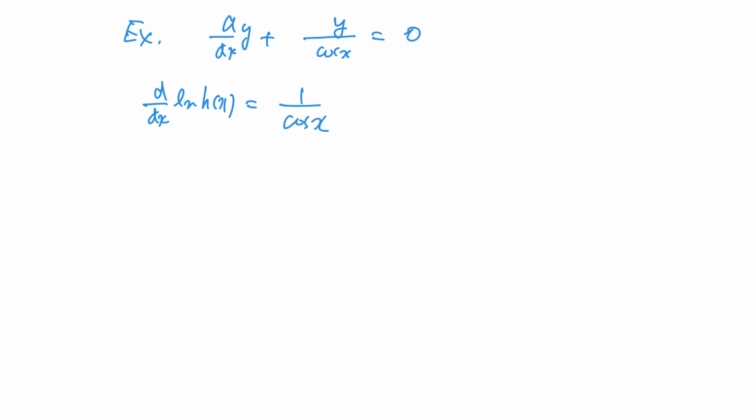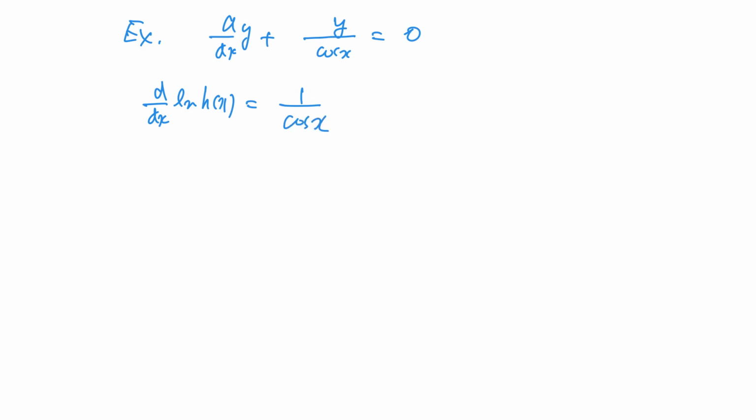This example: dy/dx plus cosine x times y is equal to 0. That is, d/dx ln h(x) is equal to 1 over cosine x. But we already found out this logarithmic derivative, right?